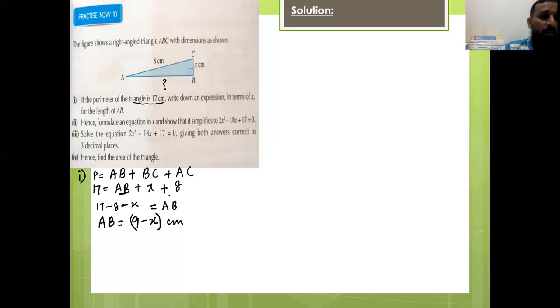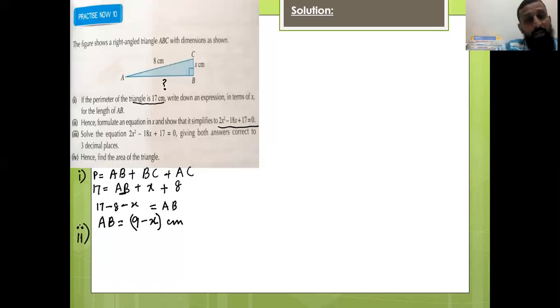That's the first answer. Part 2: hence formulate an equation in x and show that it simplifies to 2x square minus 18x plus 17 equals 0. So you need to make this equation. They're asking us to formulate this equation and show that it simplifies to this.